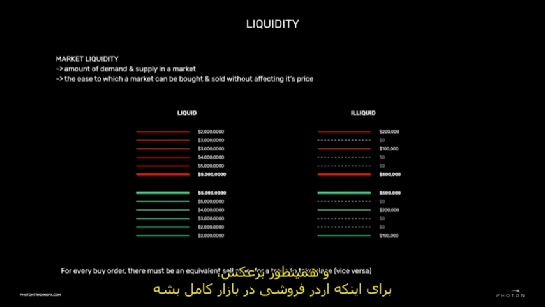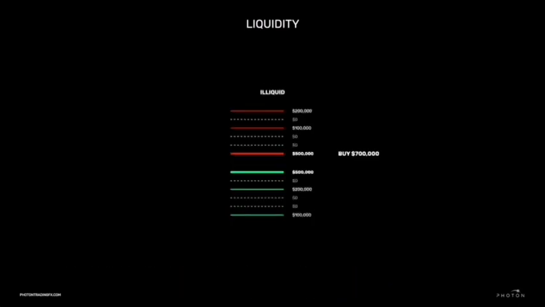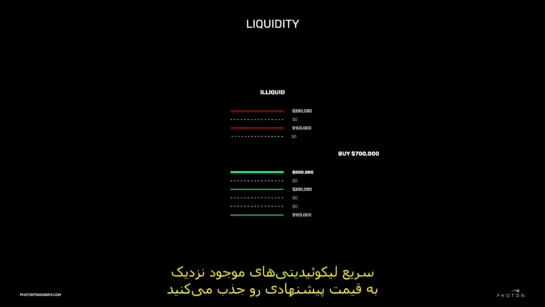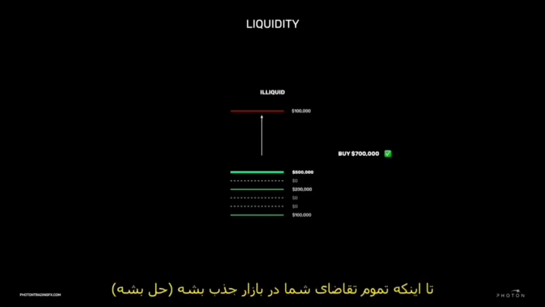For every sell order in the market to be filled, it must be matched with an equivalent buy order for a trade to occur. So if you were trading this illiquid market, let's say you placed a market buy order of $700,000, you would instantly absorb all of the liquidity at the nearest ask price, and price would continue to shoot up another 5 price points until all of your demand had been absorbed by the market.